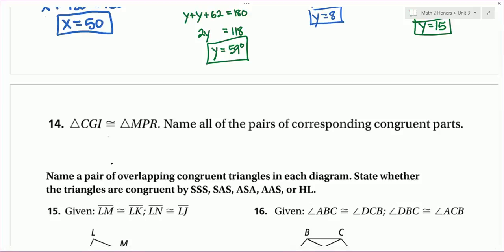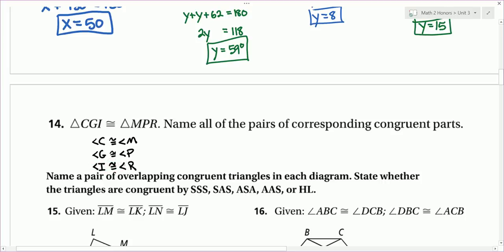So first, for the angles, angle C is going to be congruent to angle M. The ordering of the letters matters because C is the first letter. It has to match the first letter in the second one. G is our second letter, so angle G is going to be congruent to angle P because that's the second letter in the second statement. And angle I will be congruent to angle R.